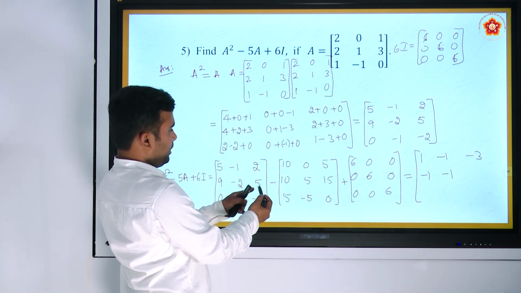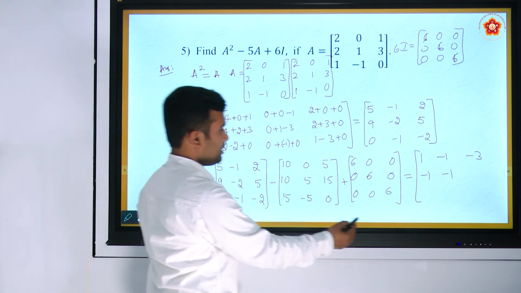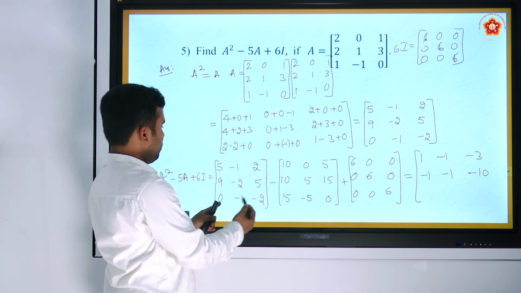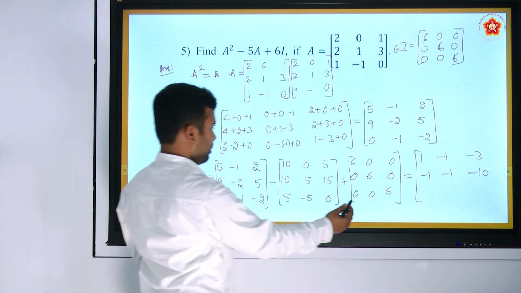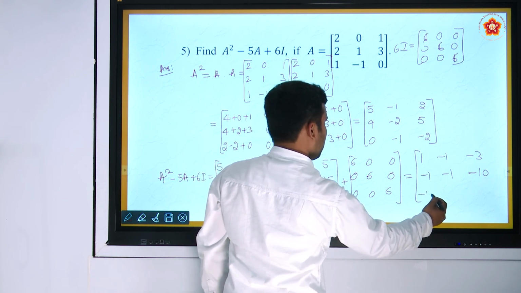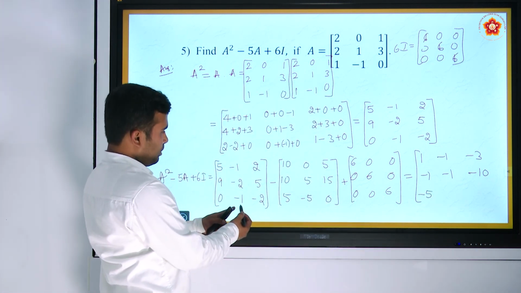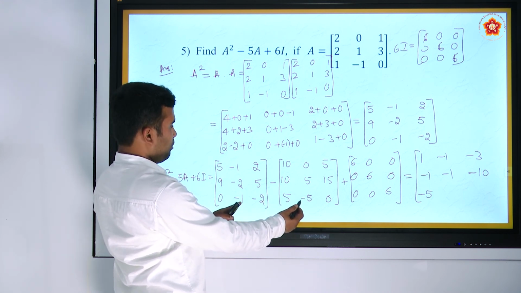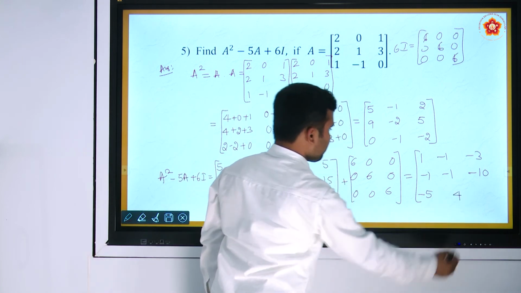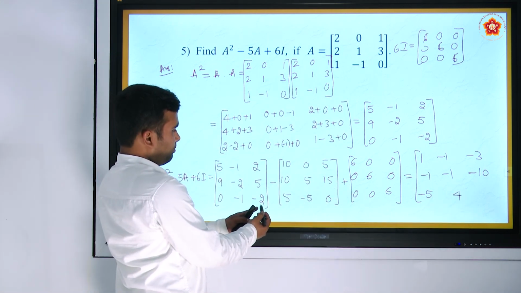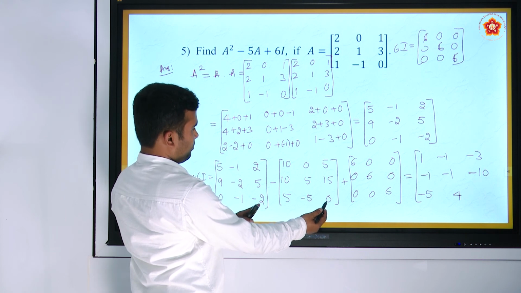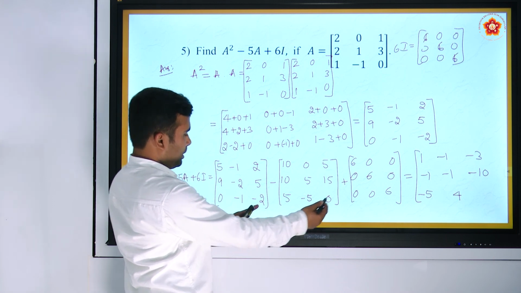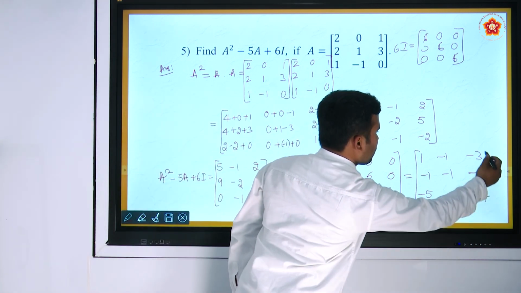Okay. So 5 minus 15 is minus 10 plus 0, minus 10. 0 minus 5 is minus 5 plus 0 is minus 5. Minus 1 plus 5 is 4, plus 0 is 4. Minus 2, 0. Minus 2 plus 0 is minus 2, plus 6 is 4.